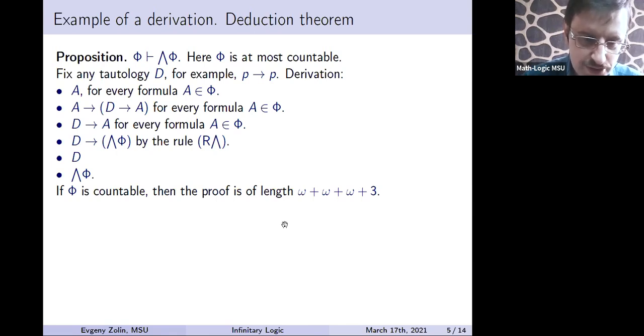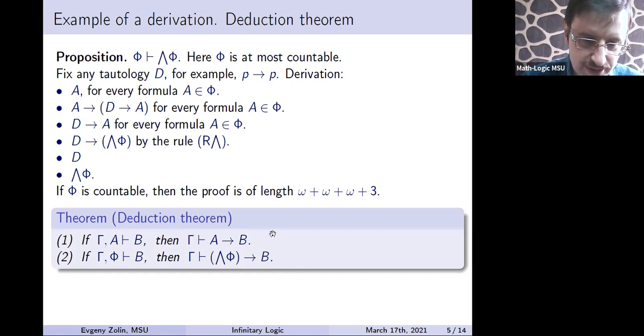As in the usual logic, we can prove the deduction theorem, but now it has 2 forms. The first form is the usual one. If we can prove some formula B from a formula A and some hypothesis gamma, then we can derive the implication A implies B from the hypothesis gamma. So we can move one hypothesis A into the premise of the implication.